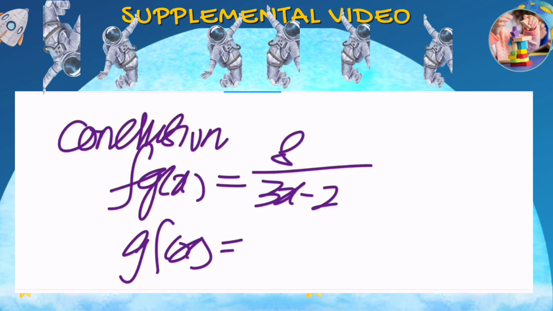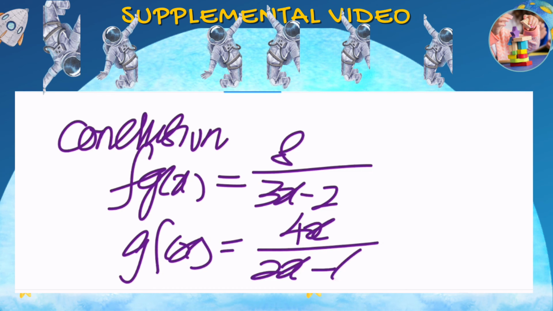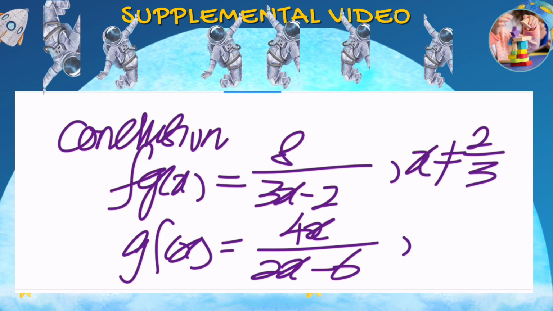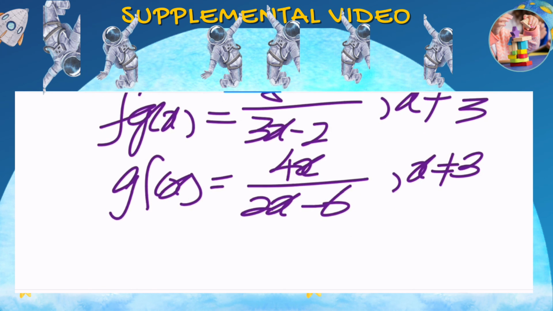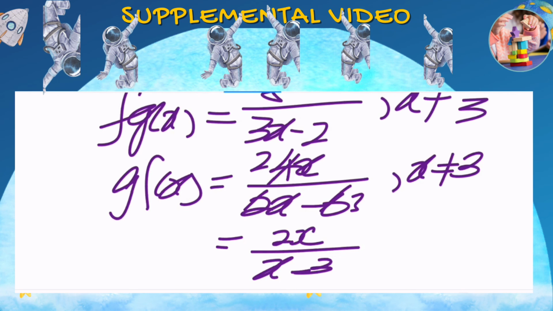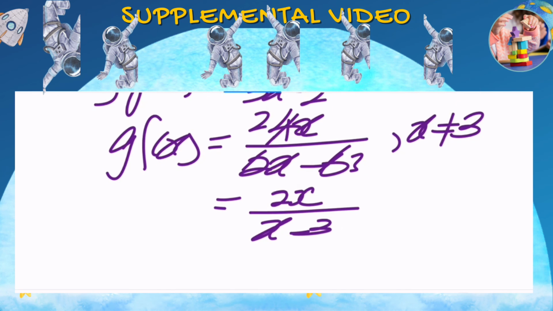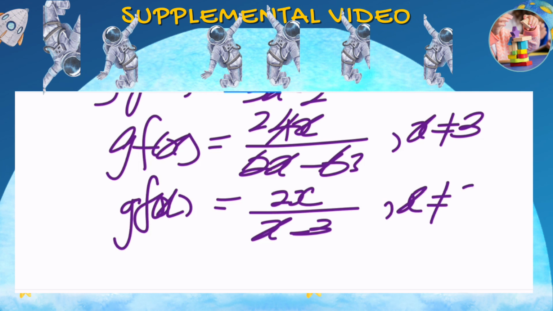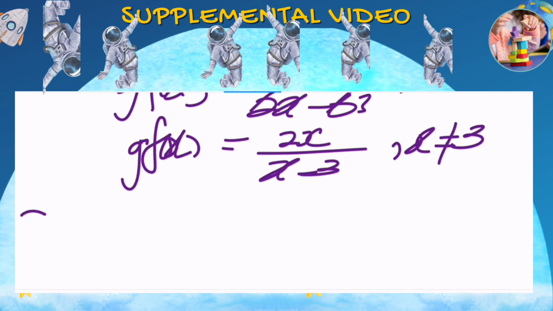And g(f(x)) that we got is 4x over 2x minus 6, and we actually need to simplify to the simplest form and write the condition, right? So g(f(x)) normally will simplify to 2x over x minus 3. Always give your answer in the simplest form. x cannot be equal to 3. The condition still has to apply. Every time, check the denominator. Make sure you write the condition if there is an x under the denominator.